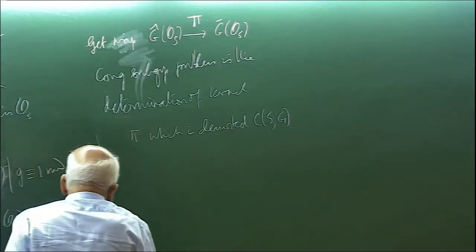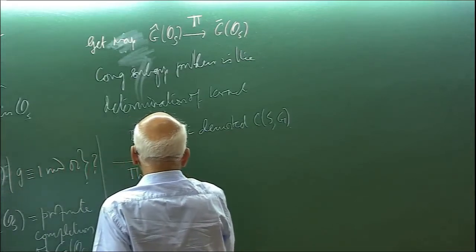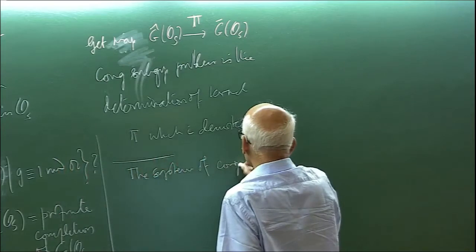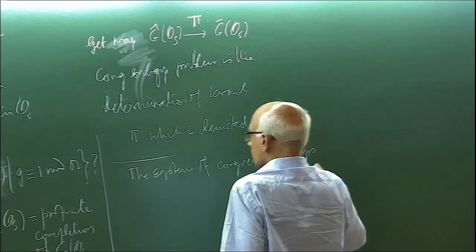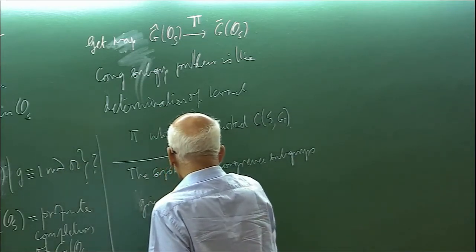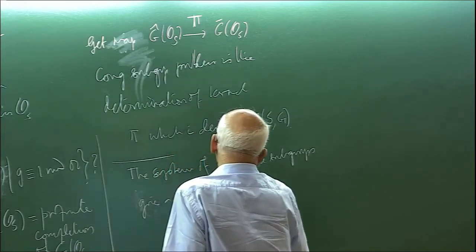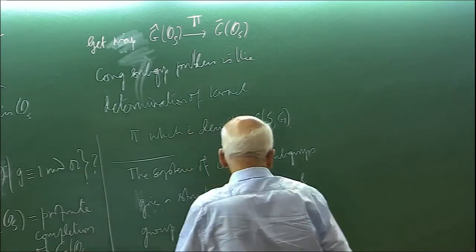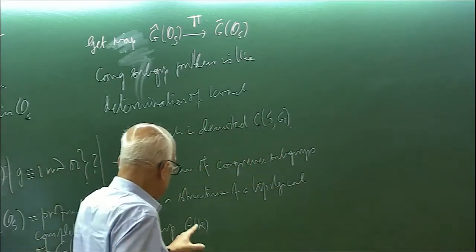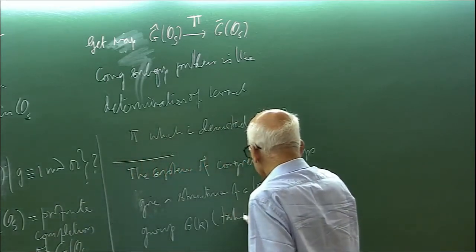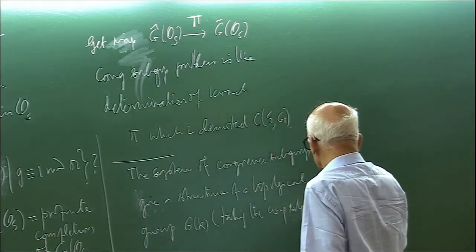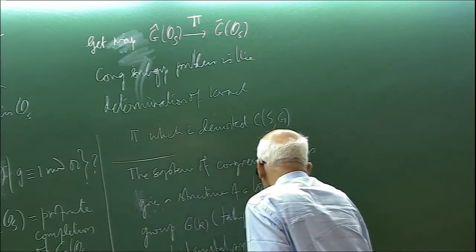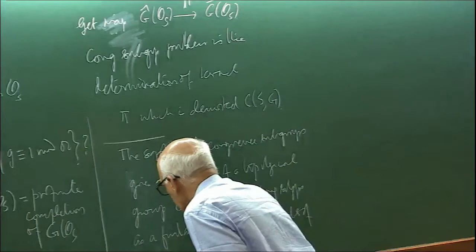In fact, it can be reformulated the following way. The system of congruence subgroups gives a structure of a topological group on G_K itself, taking the congruence subgroups as a fundamental system of neighborhoods of the identity in G_K.